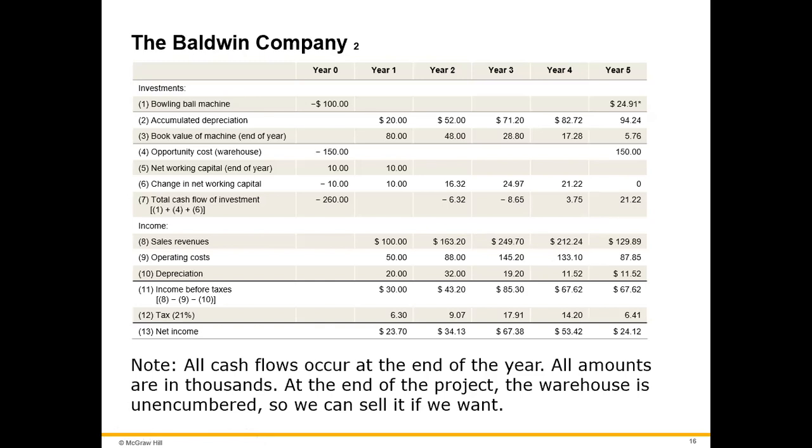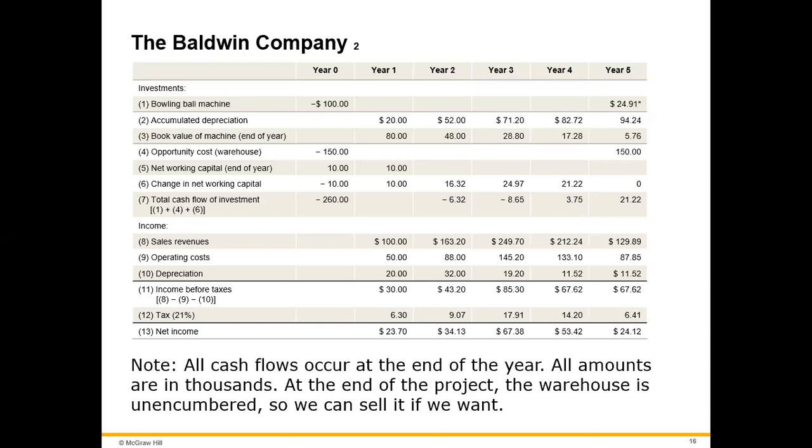Now take the $11 that it cost last year to make the bowling balls and multiply it by 1.1 because there's a 10% cost increase. So the new cost to make the bowling balls is $12.10 each, times that by the 12,000 bowling balls, total operating cost, $145,200.